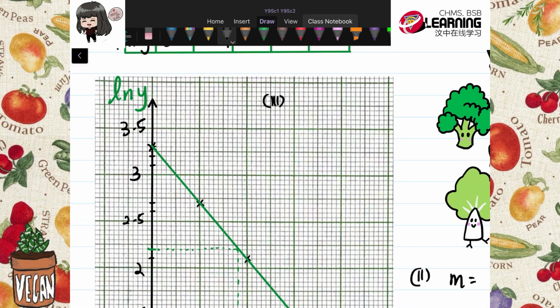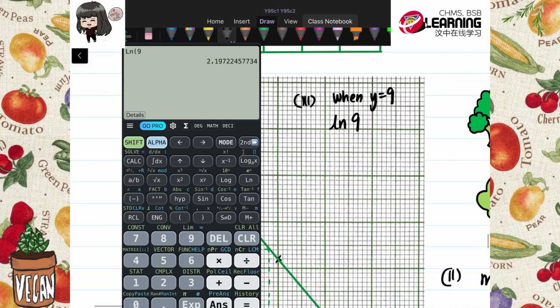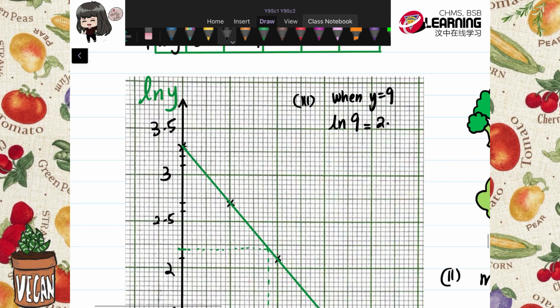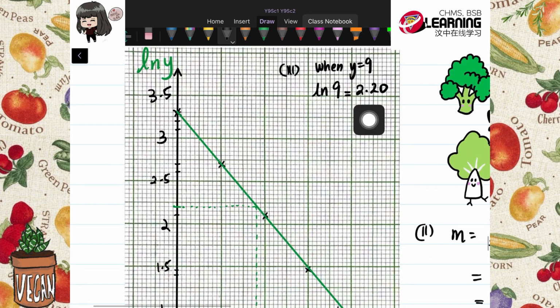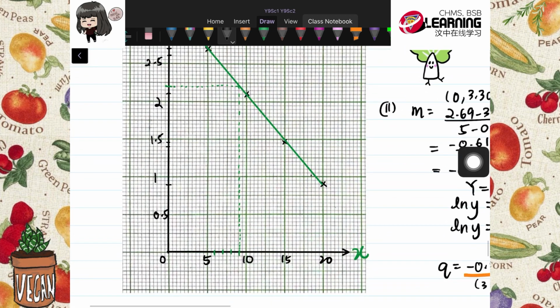So when your y equals 9, from your graph there is no y equals 9. You only have ln y. So what you need to do is ln 9. You sub in the 9 into the y, ln 9, then you press calculator. You get 2.20. Then you find 2.20 from your graph. 2.20 is over here, and then down until here, which is 6, 7, 8, 9.